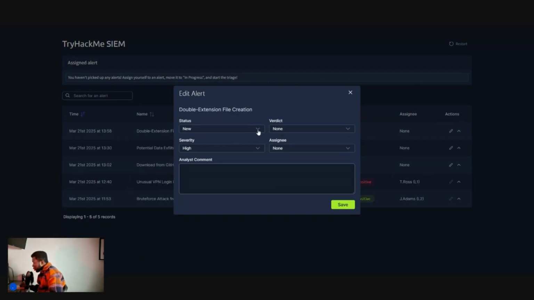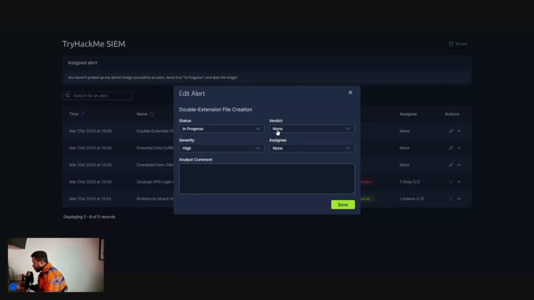The first thing you want to do is indicate that it is in progress, so that in a situation where you have more than one junior SOC analyst, the other junior SOC analyst can see on their own SIEM dashboard that this particular alert is already being treated.